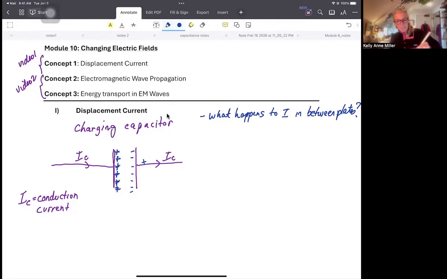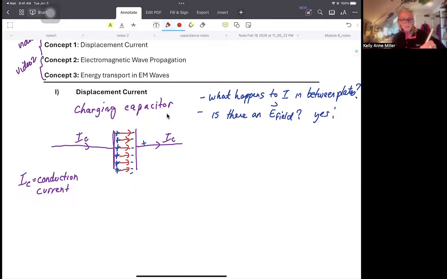And a secondary question is, is there an electric field between the plates? And the answer to that is, of course, yes, right? We know that there's a field going from the positive charges to the negative charges.